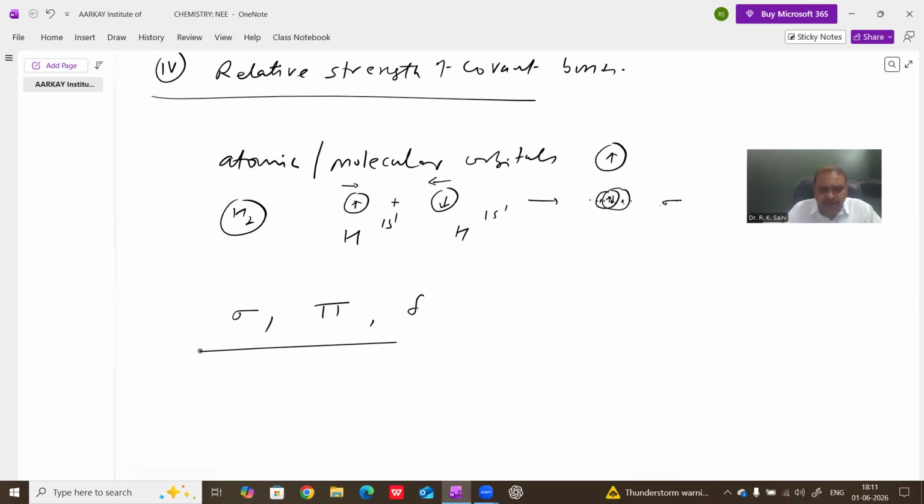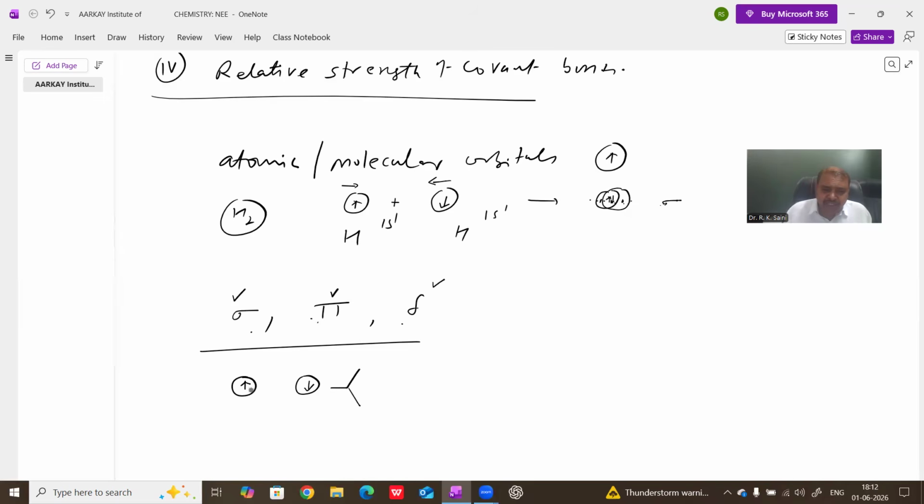Sigma, pi and delta. In all bonds, unpaired electrons are present in 2 orbitals. These orbitals may be atomic or molecular orbitals, either in sigma bond, pi bond, or delta bond. Two orbitals which contain unpaired electron make a covalent bond, and these orbitals overlap in proper orientation.